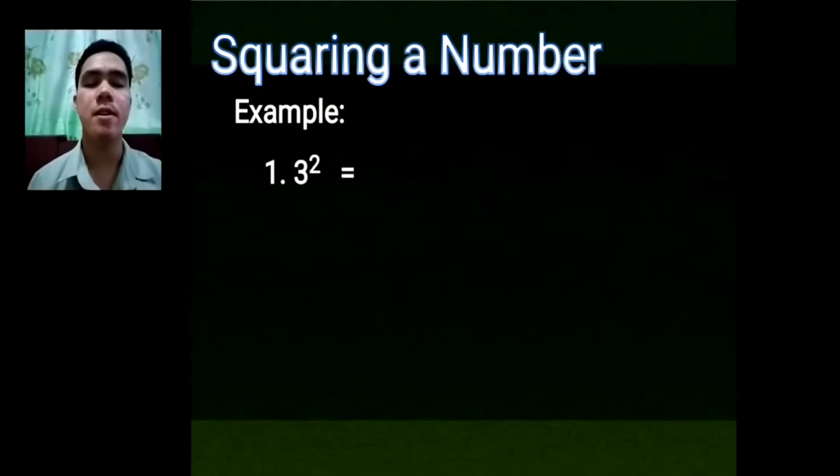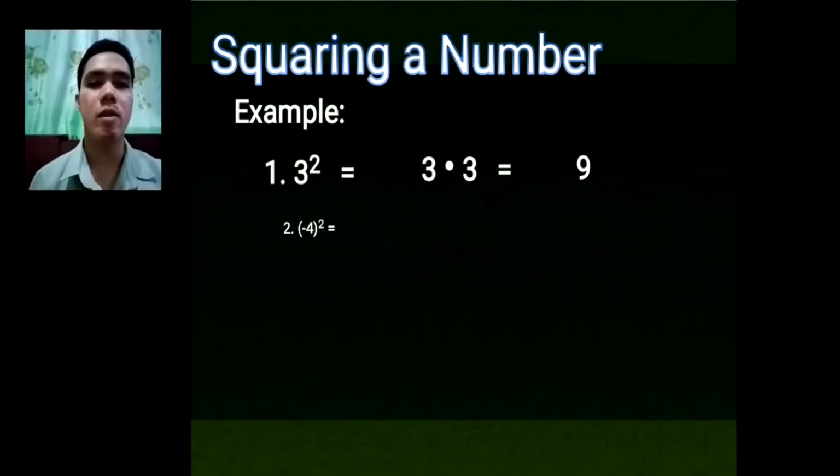We have 3 squared. It means that we have to multiply 3 by itself twice. So 3 times 3 is 9. Okay? How about this one? Negative 4 squared. It means that we have to multiply negative 4 by itself.